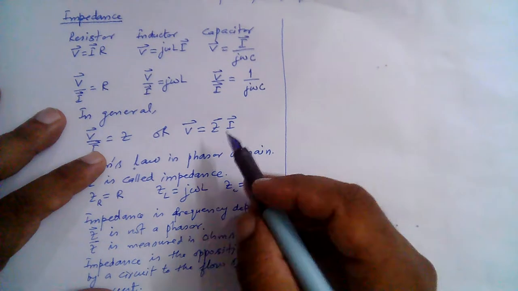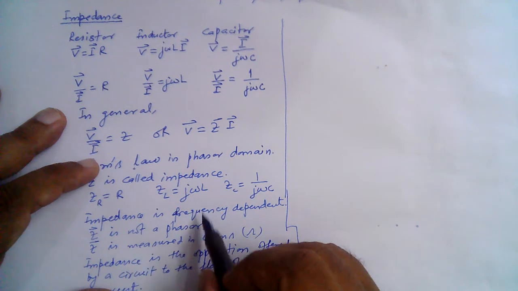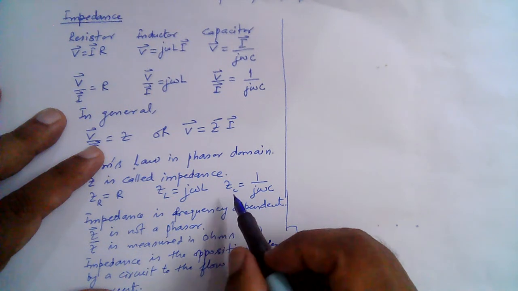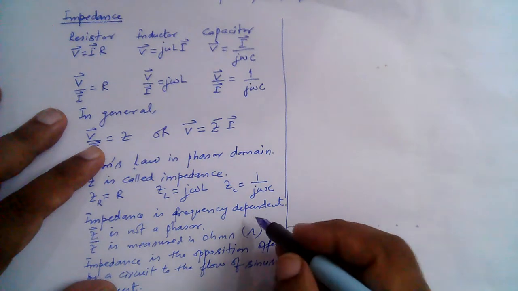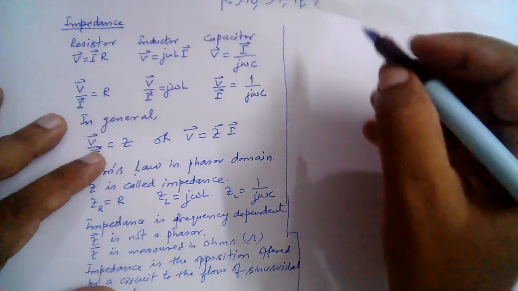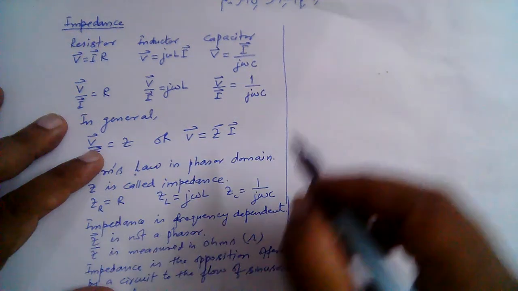As we have seen and described earlier, impedance is a frequency dependent quantity. So the opposition to the flow of current will depend upon the frequency of the circuit also. Let us rewrite it here.